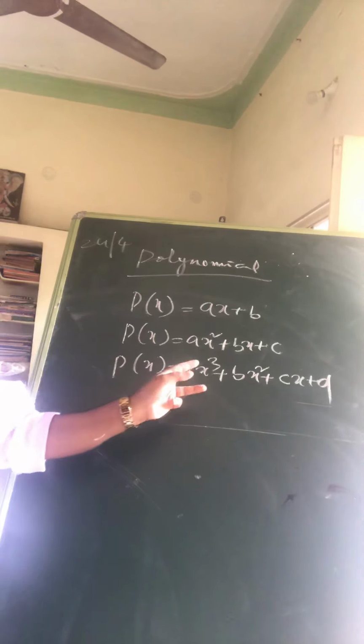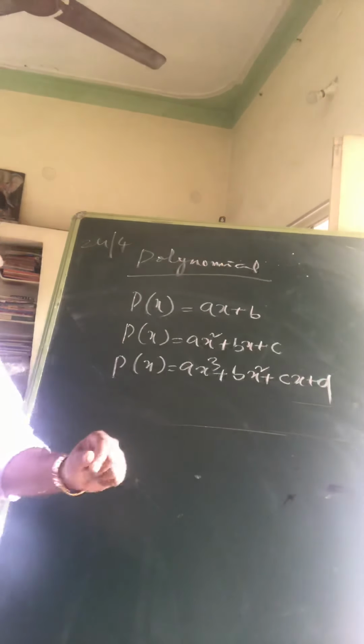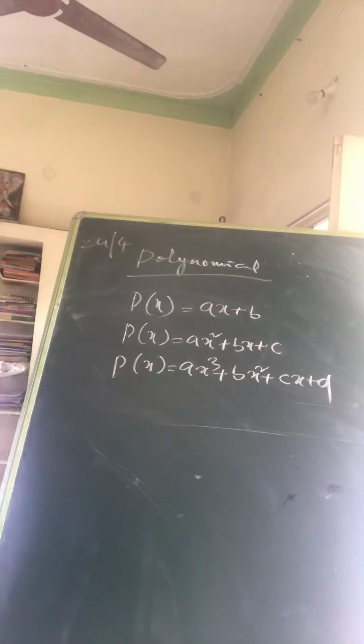And in the cubic polynomial, a, b, c are the coefficients of x cube, x square and x, and d is called the constant. These are the coefficients. And next, we have already learned about the zero of the polynomial.